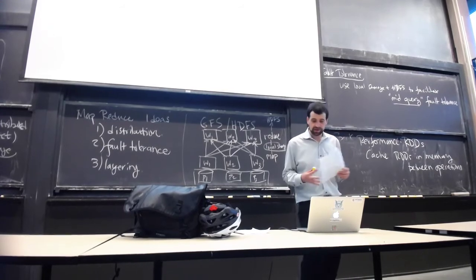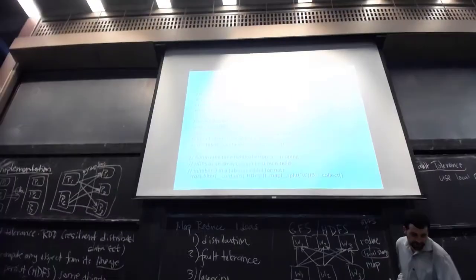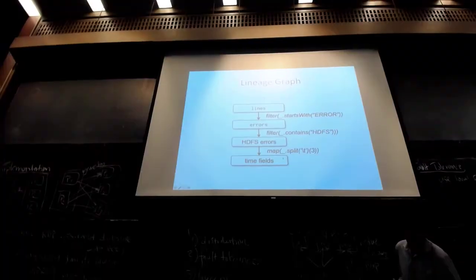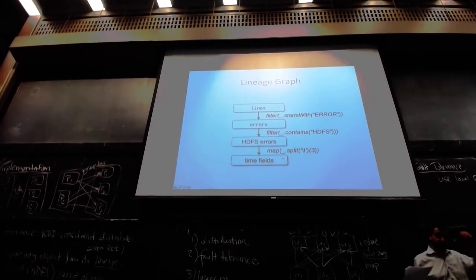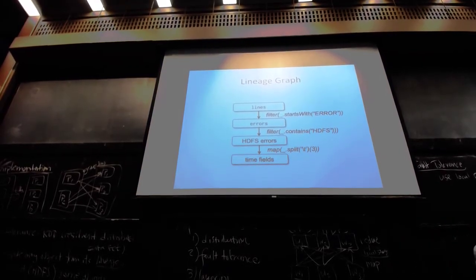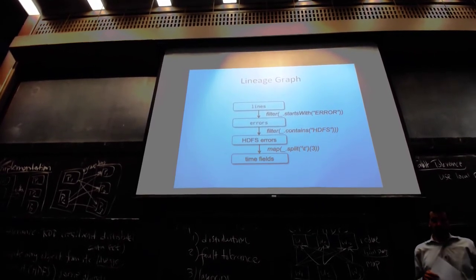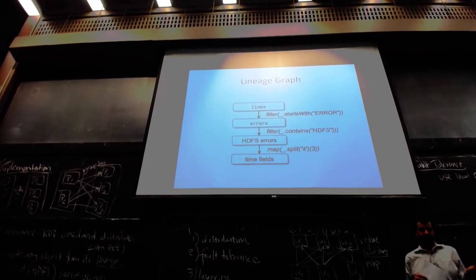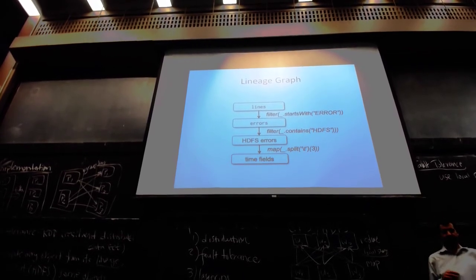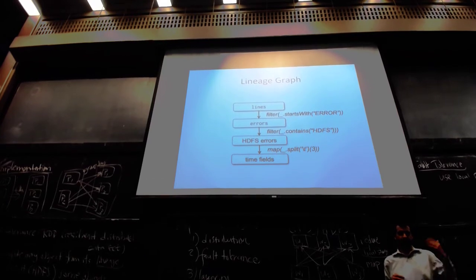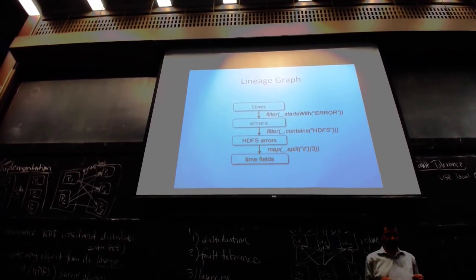Let's look at an example. For this third program at the bottom, this is what this lineage graph would look like. For each object, like this lines object, we store the thing that we used to produce it. To go from lines to errors, we apply this filter, starts with error. To go from errors to HDFS errors, we apply this filter to find the ones that contain HDFS.